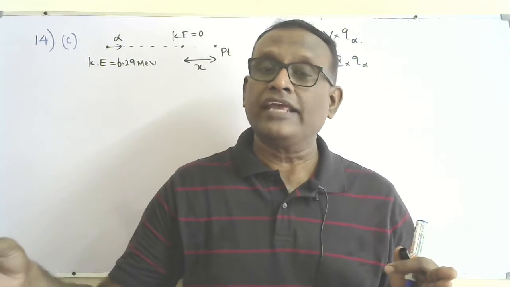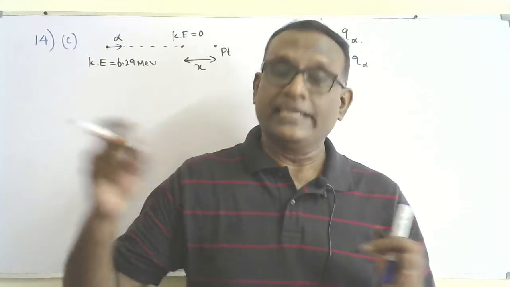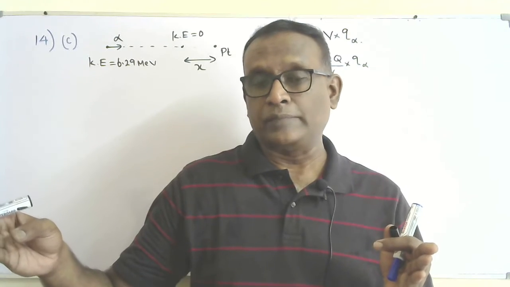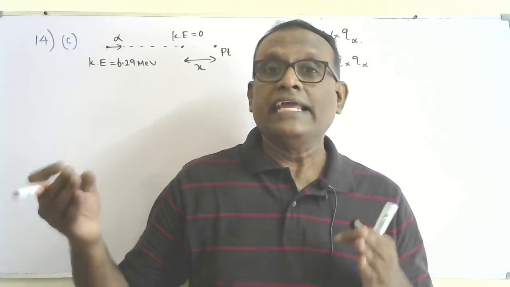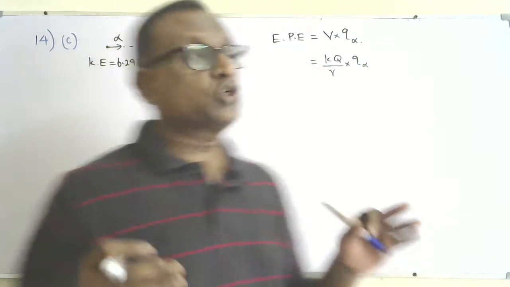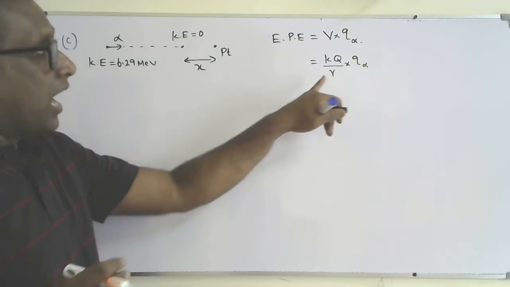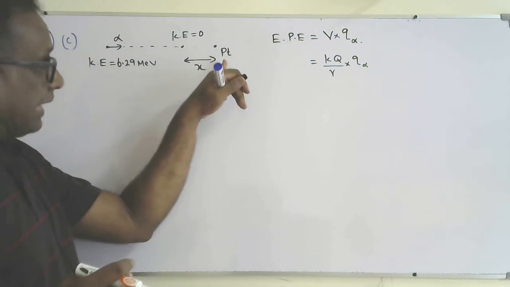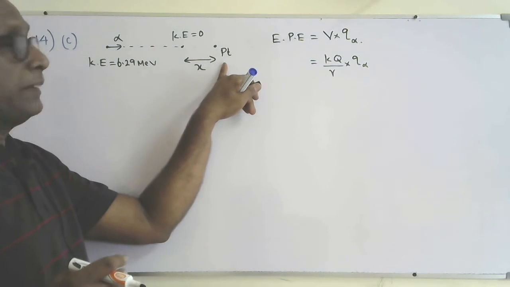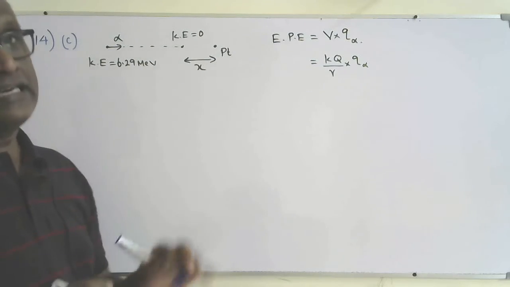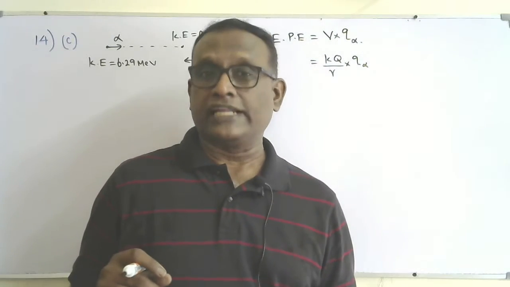Initially, when it is at a far distance from the platinum nucleus, it has no electrical potential energy. But when it gets closer to the platinum nucleus, r is decreasing, so there will be electric potential created by the platinum nucleus, and the alpha particle will have electrical potential energy.